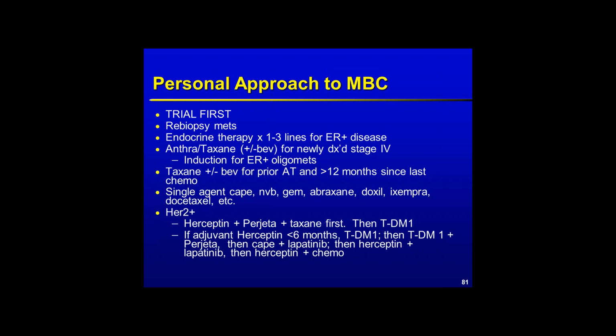When we move to chemotherapy, either in the triple negative or the HER2 positive patients, or the ER positive patients who have exhausted endocrine therapy, we move to anthracyclines and taxanes, or single agent, any one of these agents. They all work about the same. If they're HER2 positive, they get Herceptin, Perjeta, and taxane first, and then T-DM1, and we have other drugs as well.